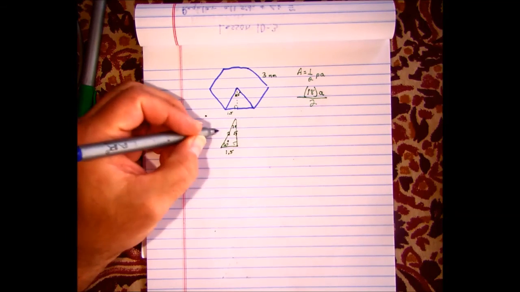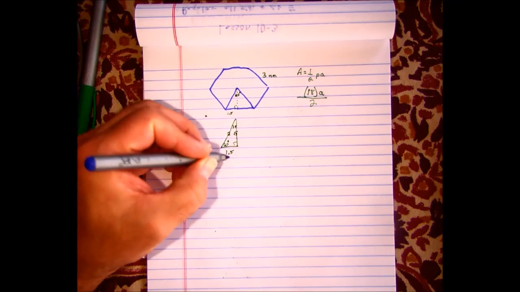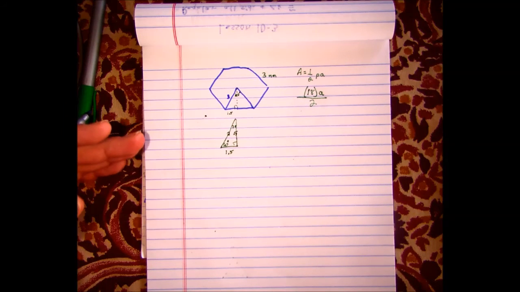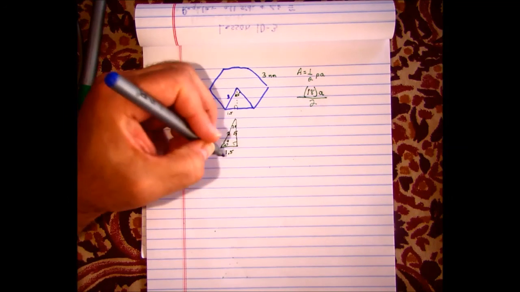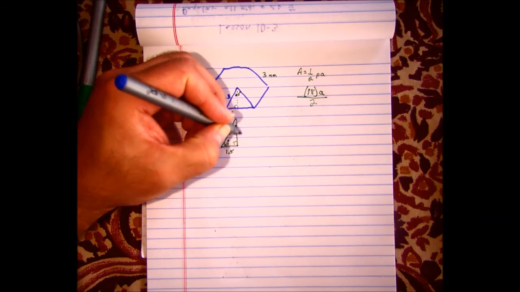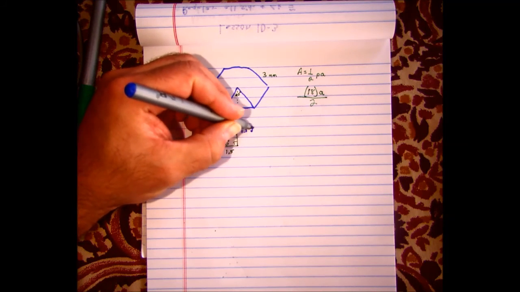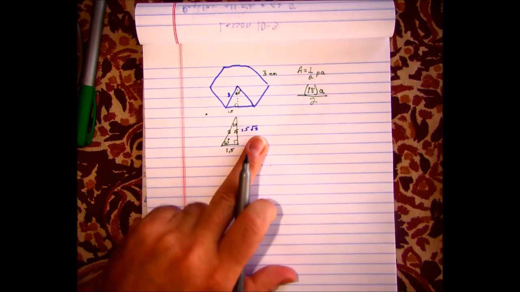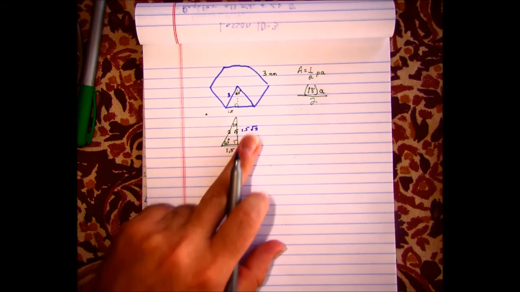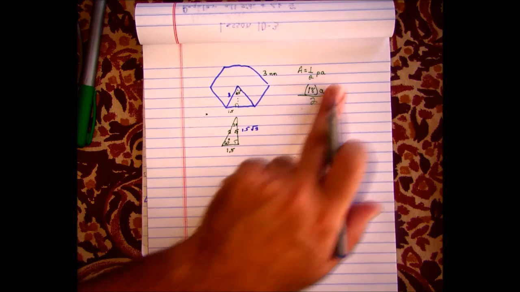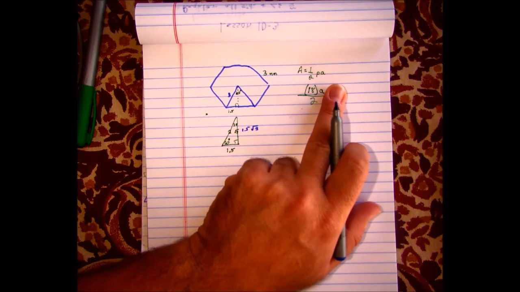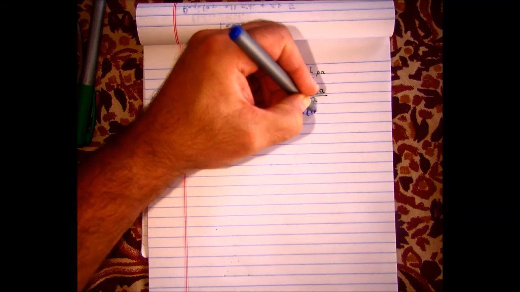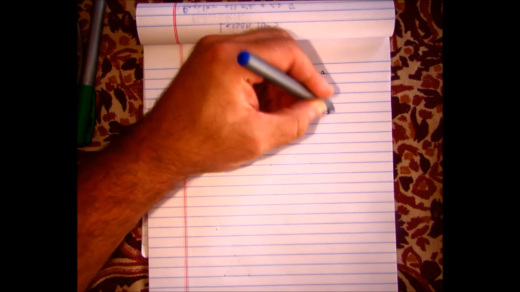So if I want to know the radius, which is this line, I would multiply by 2, and this would be 3. Now, do I need the radius? No, I need the apothem. So to find the apothem, I'd go up this way, and it's 1.5 times the square root of 3. Okay? So now I have the apothem. I've done my special right triangle work to find my apothem. And I just take this apothem, plug it into the problem. So it becomes 18 times 1.5 square root of 3 divided by 2.